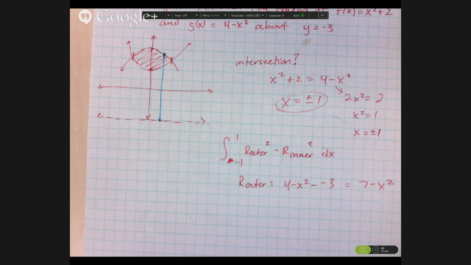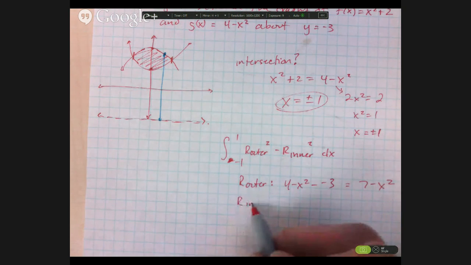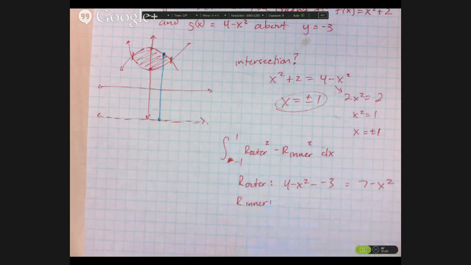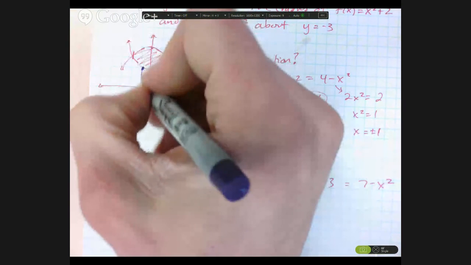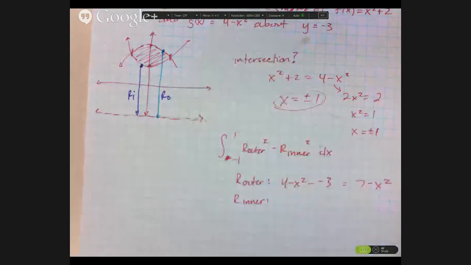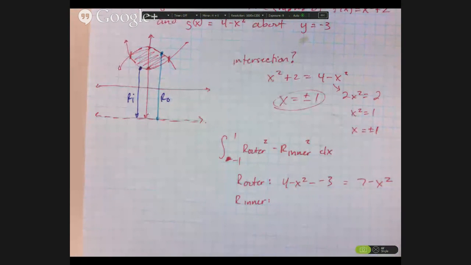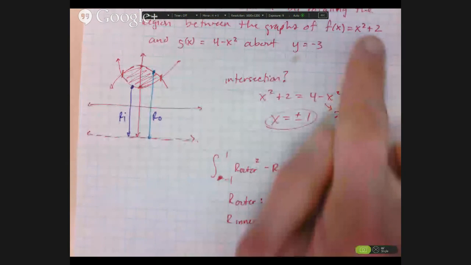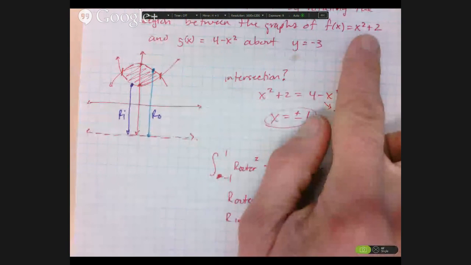What's our inner? It's this function, right? X squared plus 2. And what do we do with that?